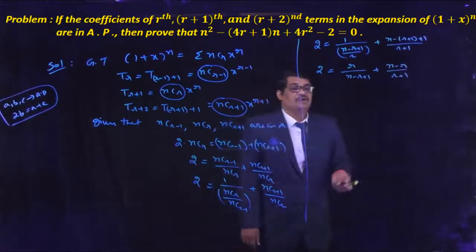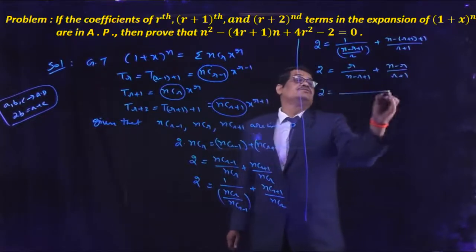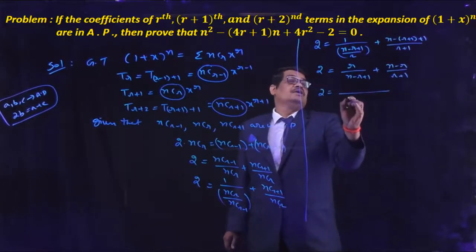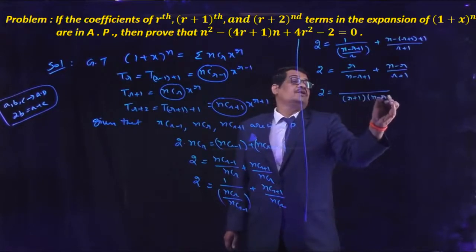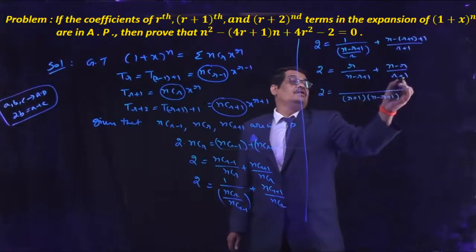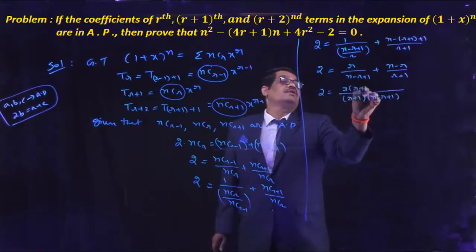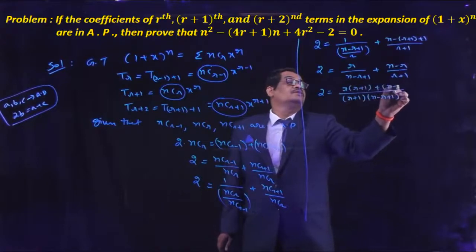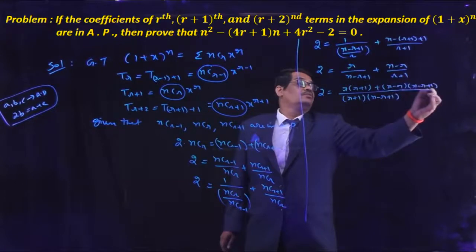Okay. Now we are writing the LCM on the RHS. What is the RHS? That is (r plus 1) into (n minus r plus 1). Okay. Now we are multiplying r into (r plus 1) here, and here (n minus r) into (n minus r plus 1). Okay.